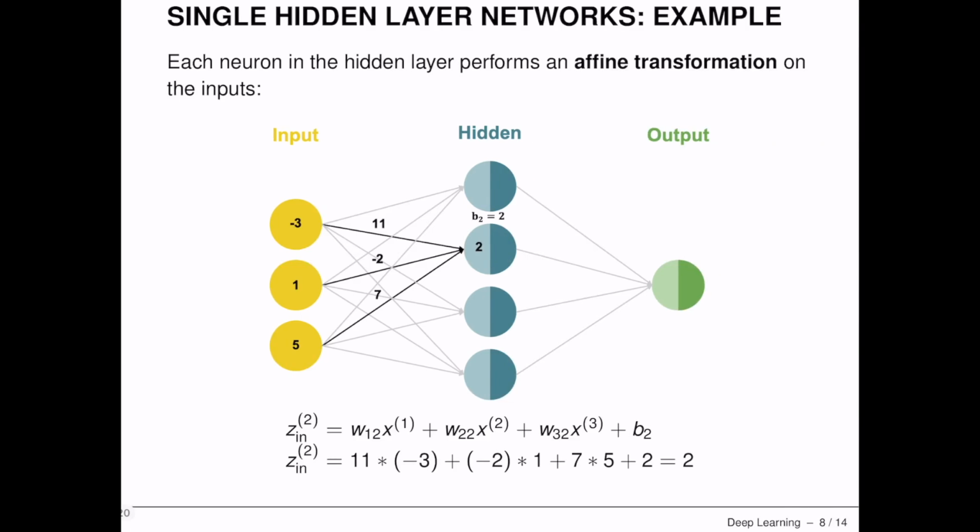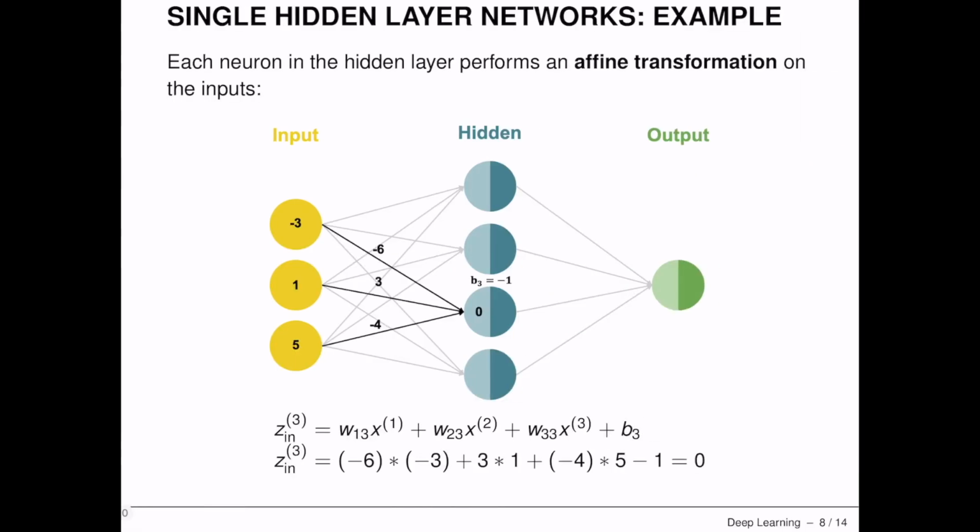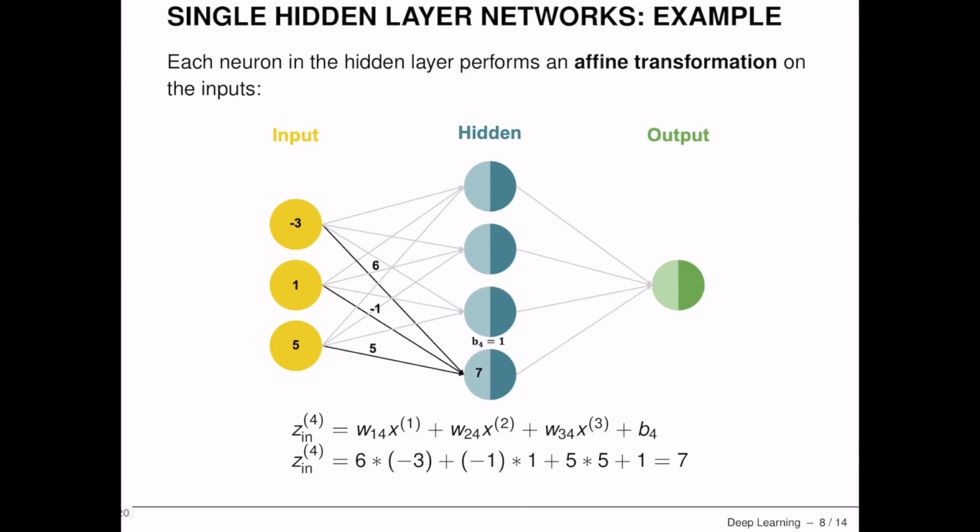Okay, we continue the same pattern for all the inputs of the hidden neurons. The second one, the third one, and the fourth one. You can go through that step by step to see that all the calculations are done exactly the same way as we calculated the input of the first hidden neuron.